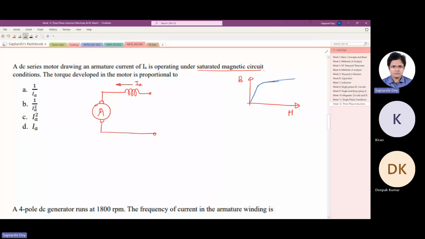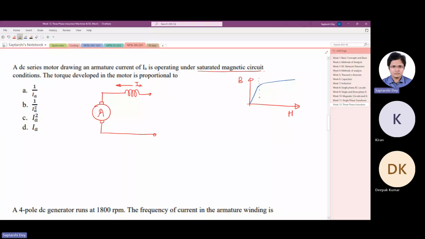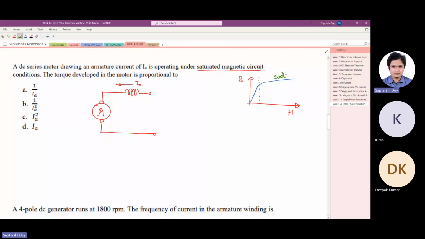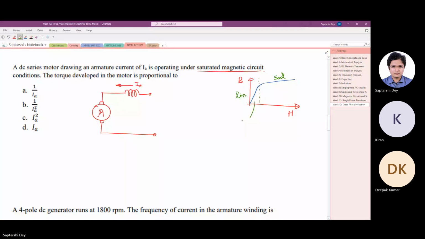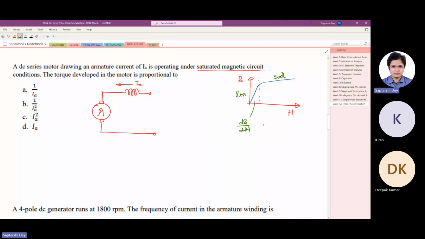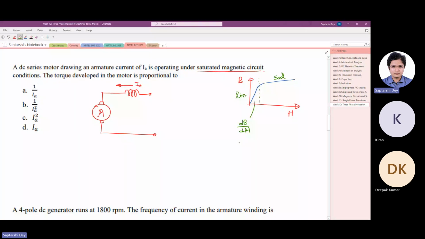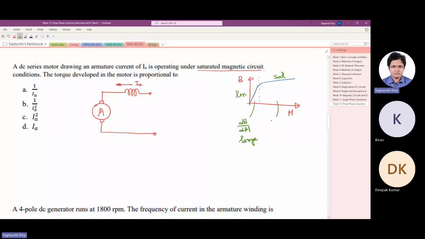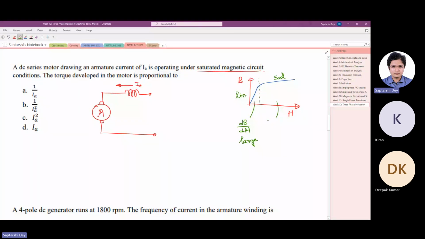This is the saturation region, after the knee, and before the knee is the linear region. The biggest difference is that in the linear region dB/dH is quite large. dB/dH is nothing but mu. Here mu is quite small.